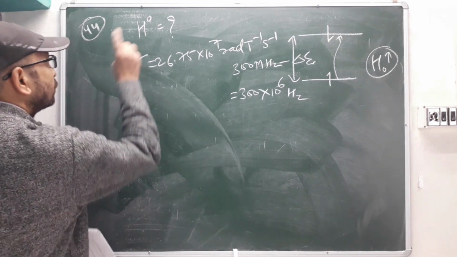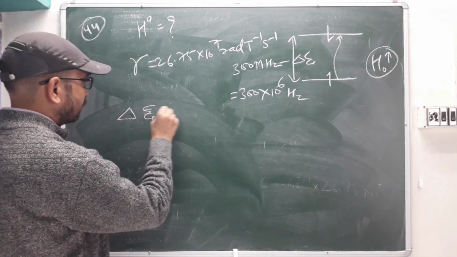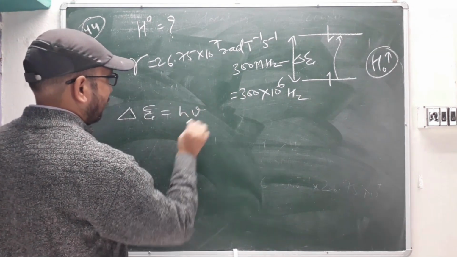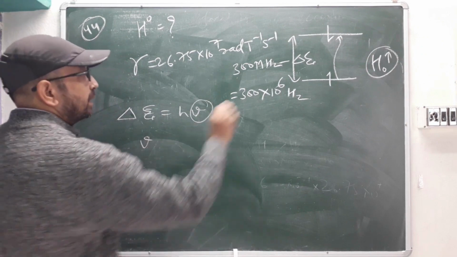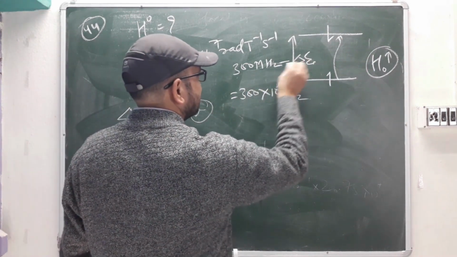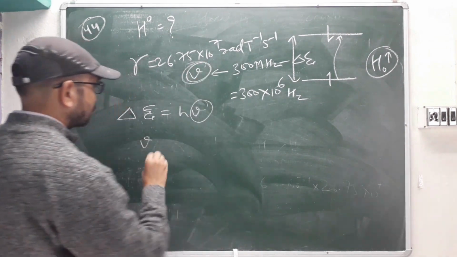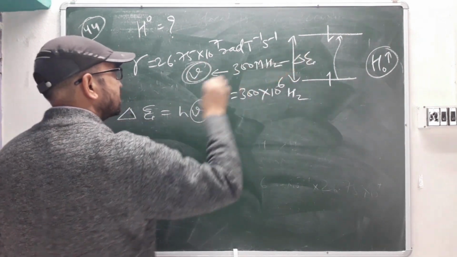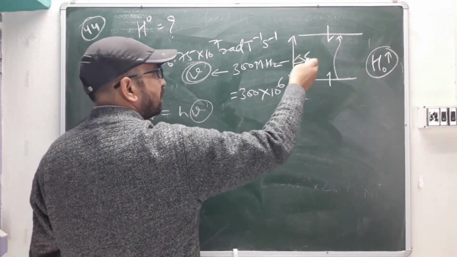So now we already know for this type of formula, delta E equal to h nu, and for this nu we have to find out the value. Whatever is given is in hertz, so they are directly giving this nu value, okay. So directly don't calculate the delta energy.